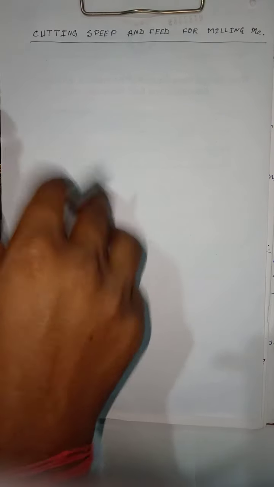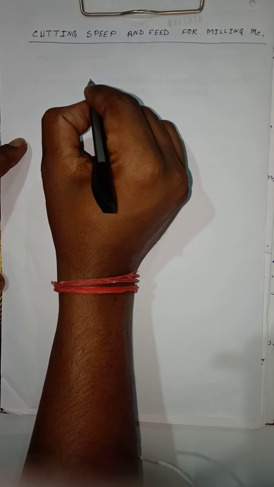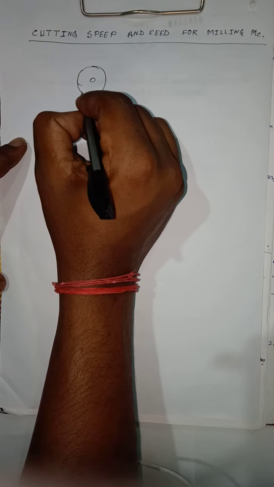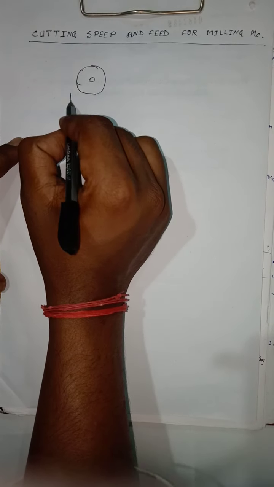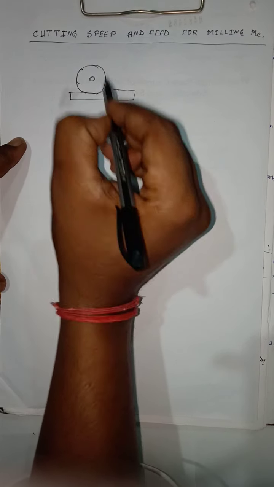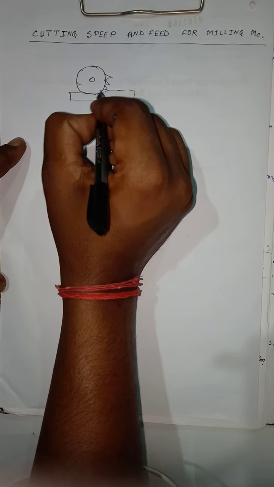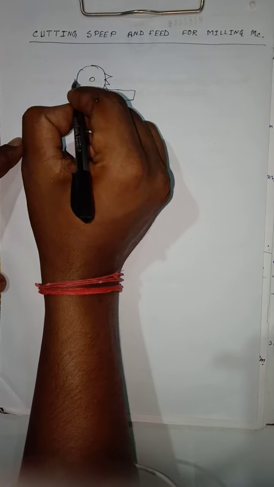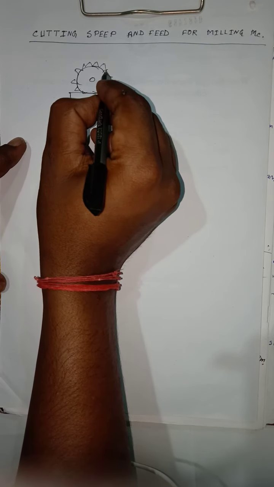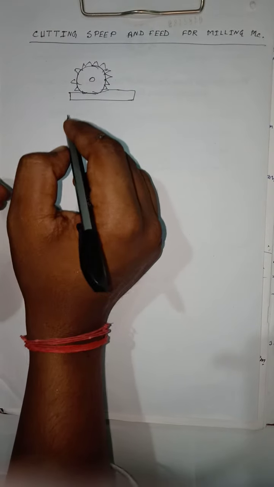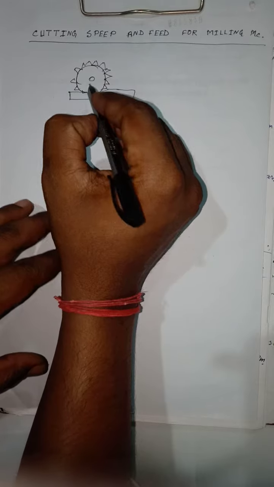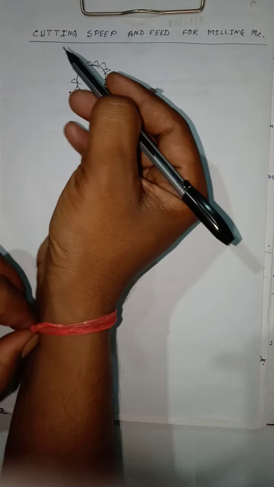That means in the milling machine there is a multi-tooth cutter. The cutting speed means the distance traveled by the cutter.